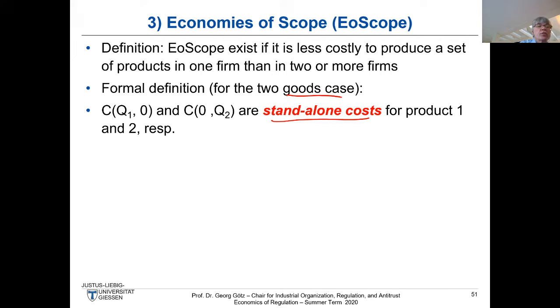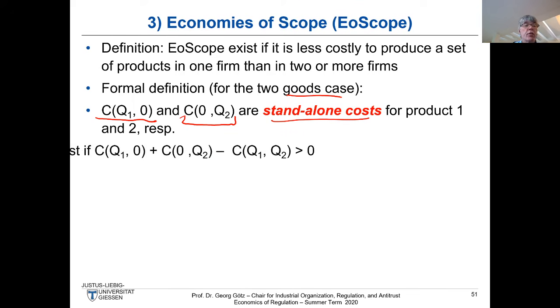The standalone cost of producing the Golf is just, if I produce nothing else, C of the output of Golf, CQ1, and the other output is 0. The standalone cost for, say, the Touareg would be then C, I produce no Golf, so it's 0, and I produce only the quantity of the Touareg. Okay?